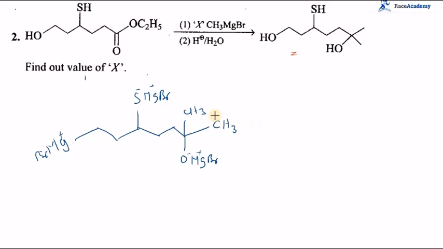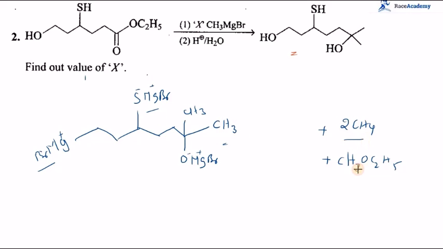So how many such things happened? The Grignard reagent here and here removed hydrogens, 2 hydrogens meaning 2 methane molecules, plus here we have removed OC2H5, that is CH3OC2H5.